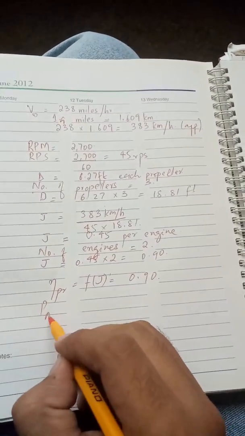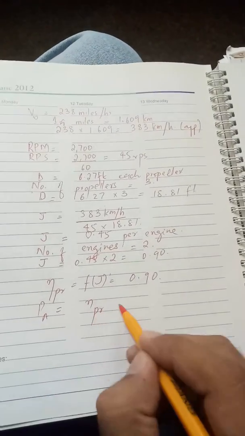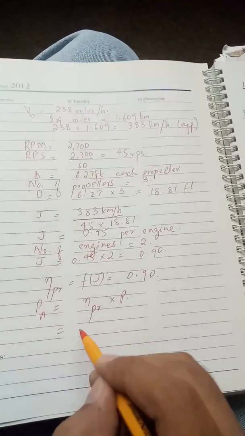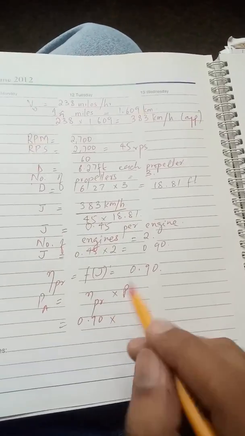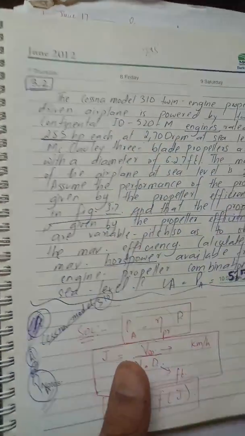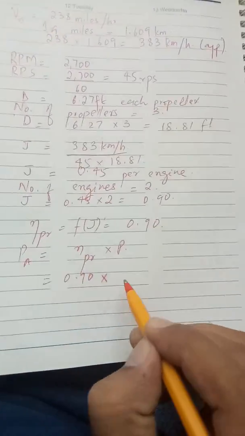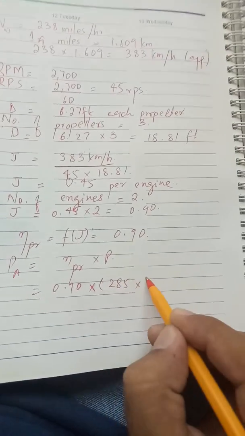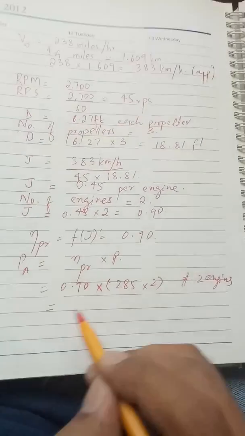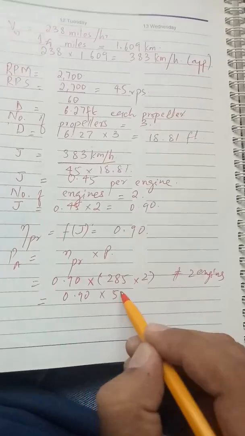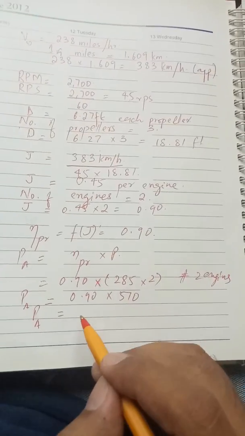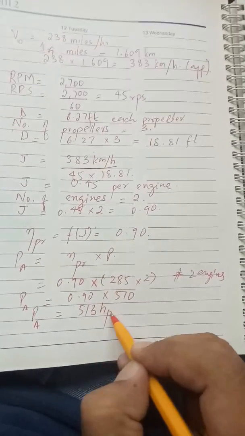And we know that PA is equal to this into this, and when we have 0.9 and the power, which is engine, is 285 horsepower each, so that would be 285 into 2, we have 2 engines, so that means it would be 0.90 into 570, and PA would be equal to 513 horsepower.